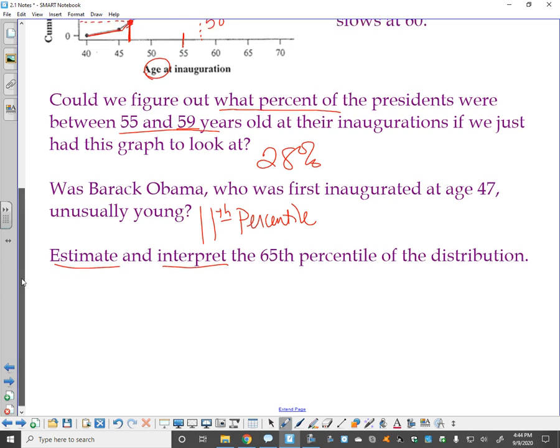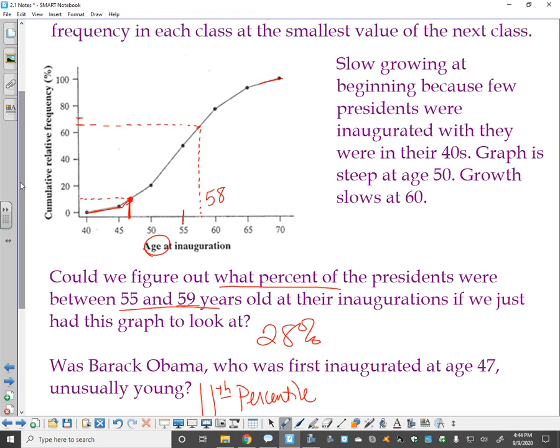One other thing I want to talk about with percentiles. What if I ask you about Q1? Well, Q1 is the 25th percentile, so about there, so I don't know, 52?